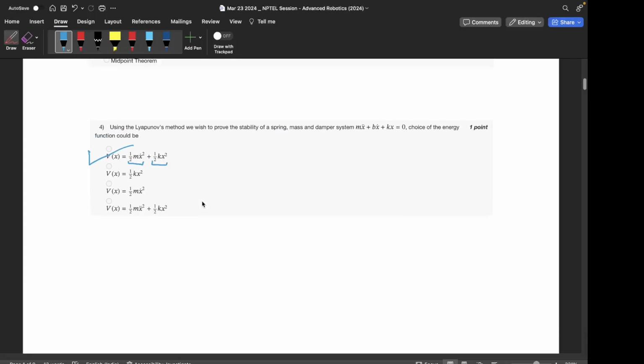Sir, in the spring mass damper system, m x double dot plus b x dot plus k x is equal to 0, no, sir? In place of 0, when do we write F, sir? So F we write whenever there is an external exciting force on the system. Imagine that you are on a swing, and there is a person behind you who, in each cycle when you go back, pushes you, applies a force on you.